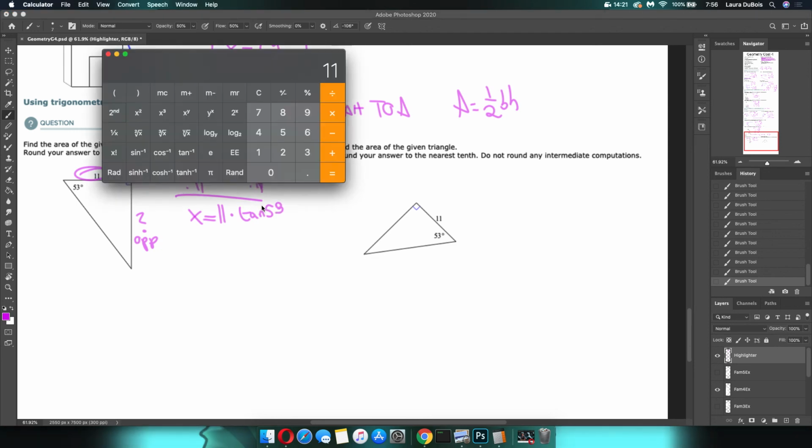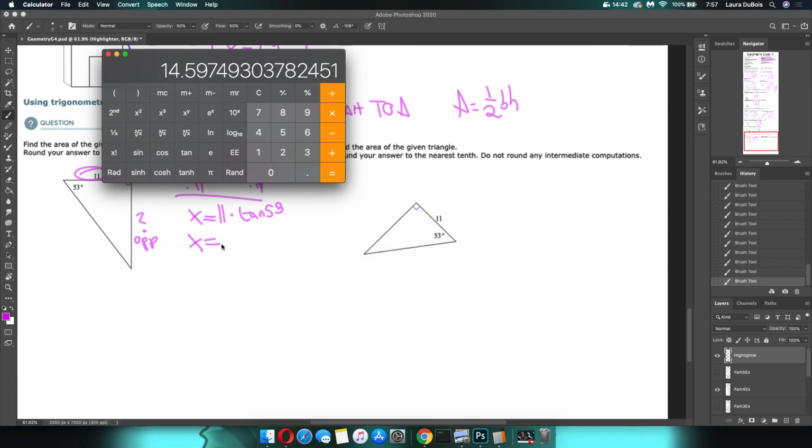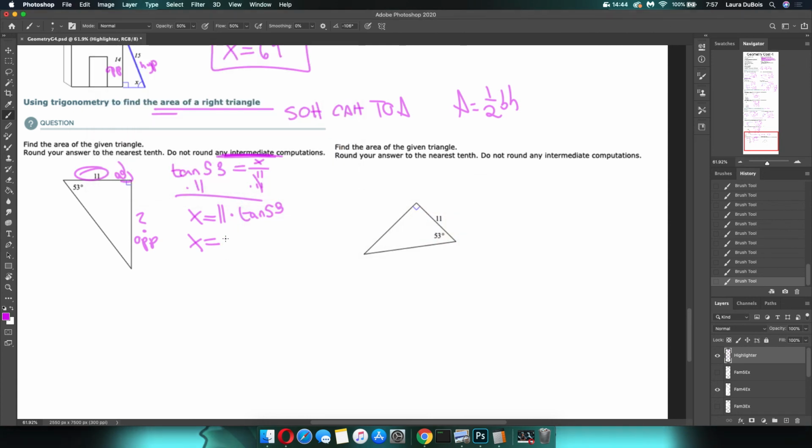11 times tangent 53 equals 14.59, so 14.6. Do not round. Wait, do not round intermediate computations. So this is 14.5974.